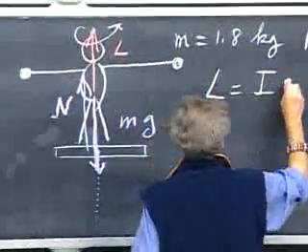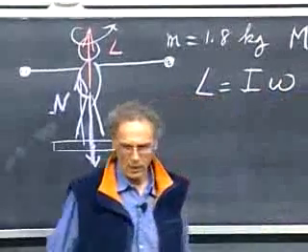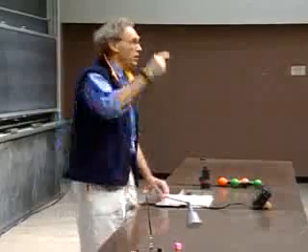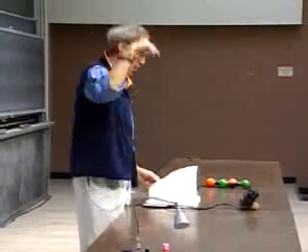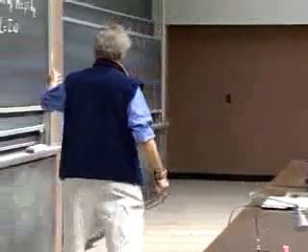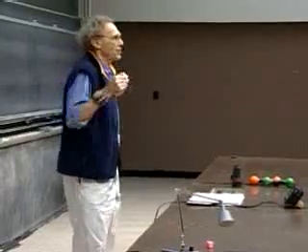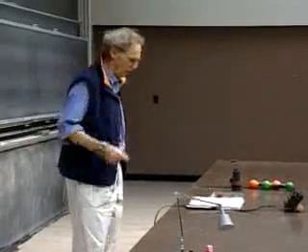L equals I omega. But as I pull my arms in, my moment of inertia will go down. And when my moment of inertia goes down, then if this product has to remain constant, my angular velocity must go up, and vice versa. So when I pull my arms in, I will go faster, and when I do this, I will go slower.